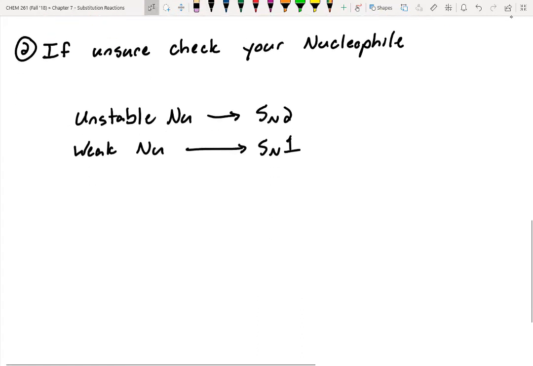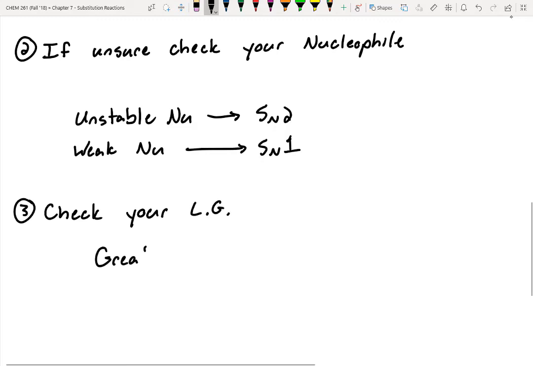And then the next thing you could do is check your leaving group. A great leaving group favors SN1. A moderate leaving group tends to favor SN2.